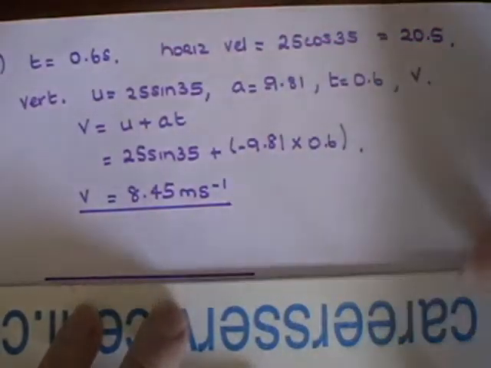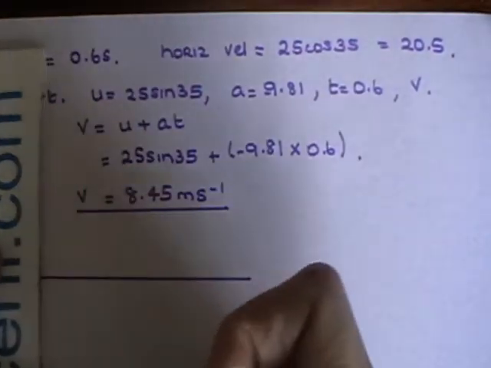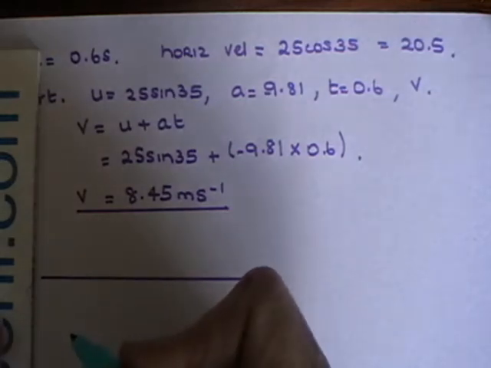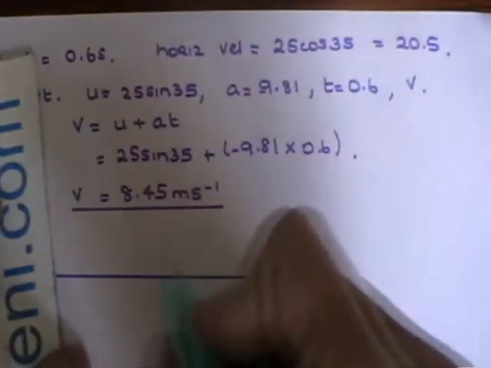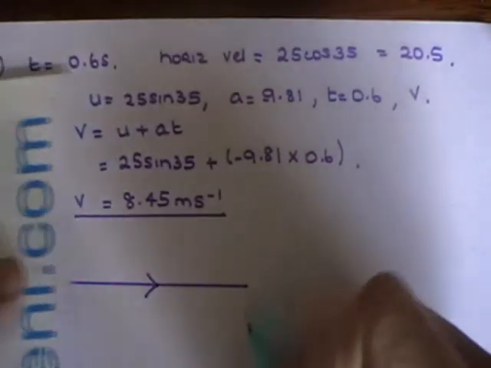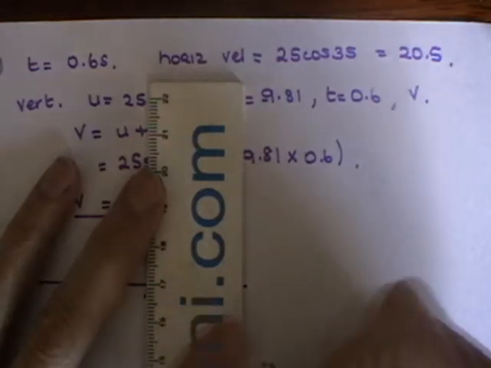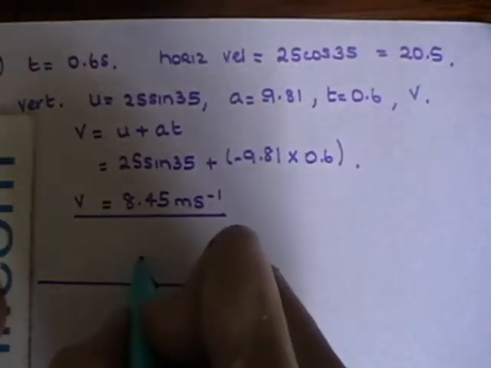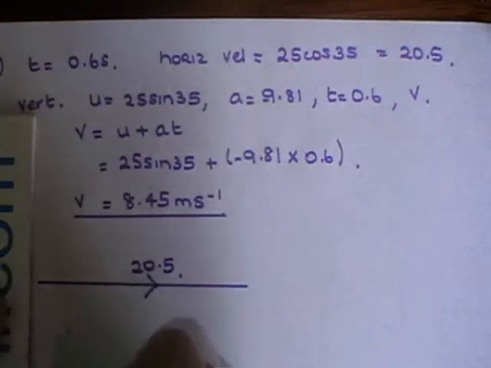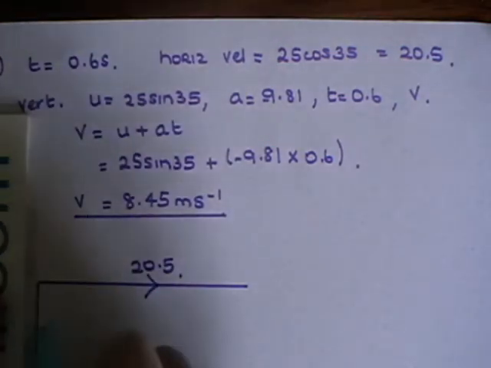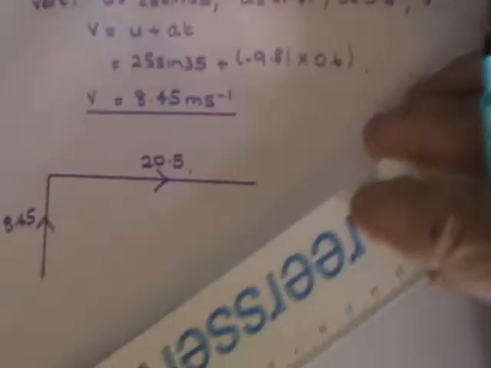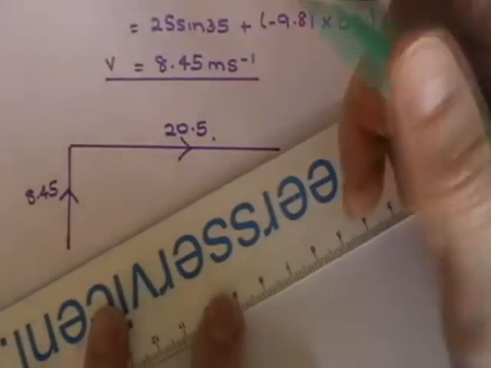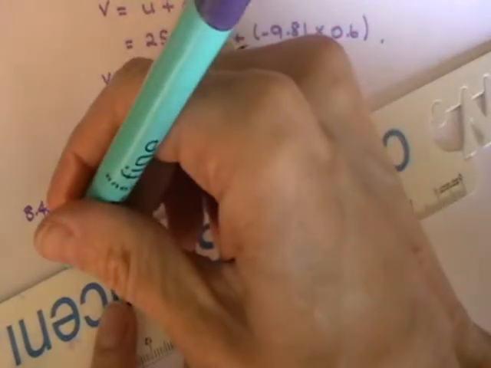So you know the horizontal velocity is 20.5, and you know that the vertical velocity is 8.45 upwards. And therefore this is the value here that we're looking for. It's this hypotenuse there.